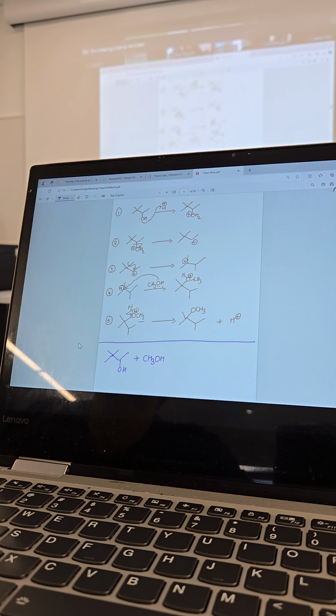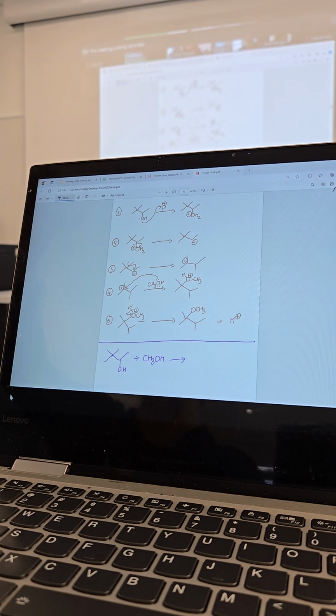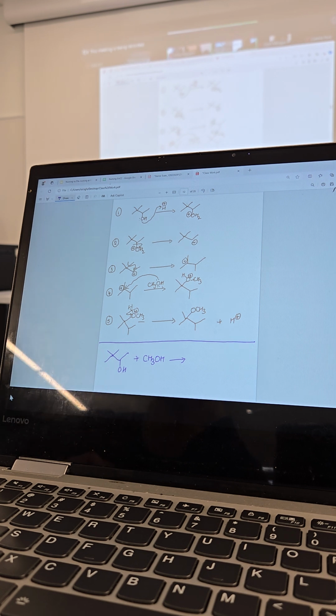Okay, what are the products or product? Any other? What are the products? The structure with the OCH3 on it, the ether, and H plus. Is H plus really going to be a product?